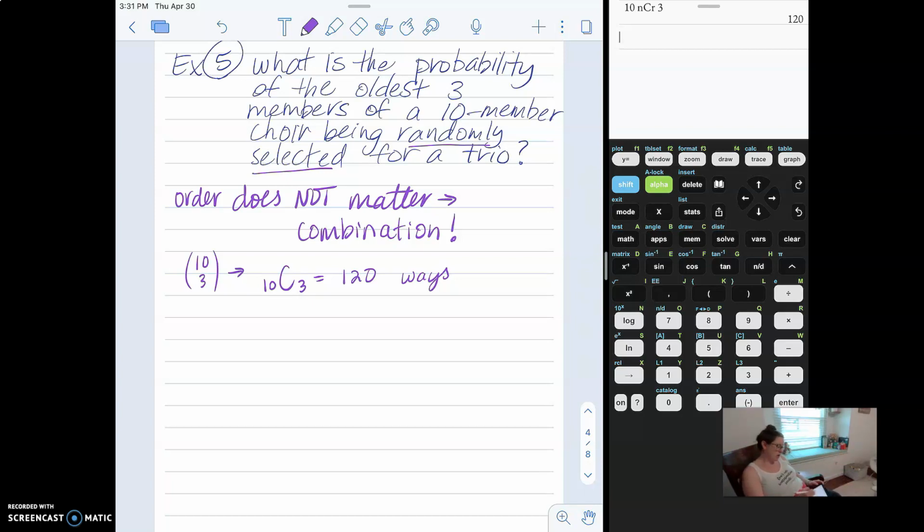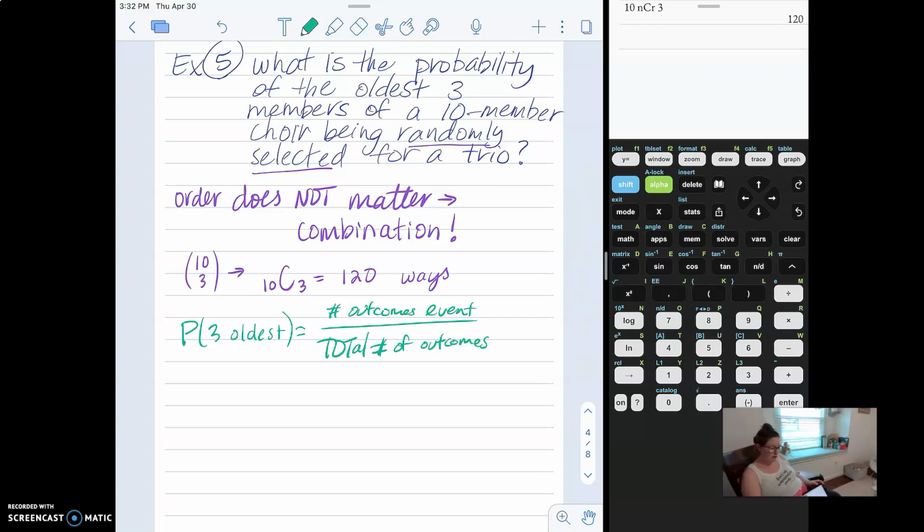So when we talk about the probability of choosing the 3 oldest, remember, you want the number of outcomes in the event, and then the total number of outcomes possible.